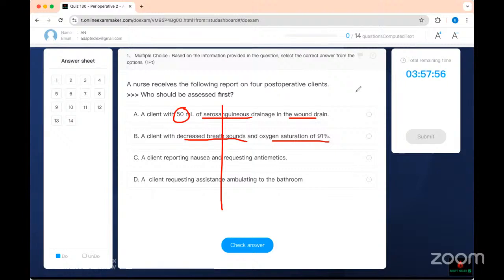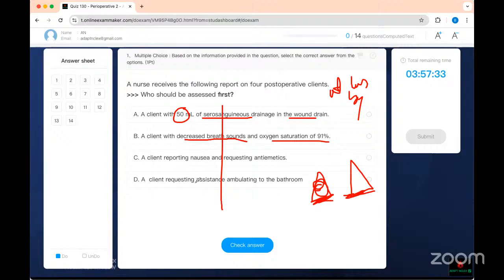You got to be flexible. If they say at the lung bases, that means it's at the base of the lung, which is a true atelectasis. But here, they said decreased breath sounds. They did not say at the lung bases. That should tell you I want you to worry about it.